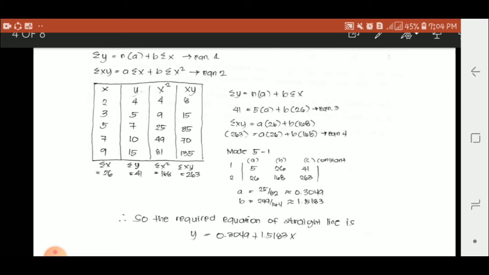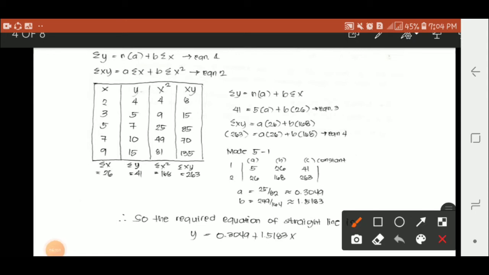So to solve the values in the equation of a straight line, which is y equals a plus bx, we can solve the value of a and the value of b by using the two equations, two unknowns. In this method, I am going to use my scientific calculator, mode 5.1, which is two equations, two unknowns.